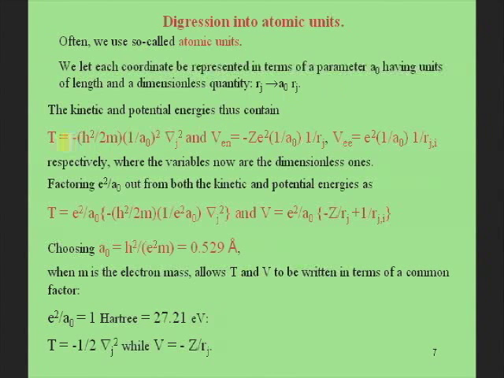When we do that and plug the expression here, R equals A0 times R prime, into the Schrodinger equation, where we used to have the kinetic energy of the electrons as minus h bar squared over 2m del squared, we will now have minus h bar squared over 2m del squared times 1 over a0 squared. These dels will now refer to derivatives with respect to these primed coordinates. So the 1 over a0 squared arises just because in the kinetic energy there was a second derivative.